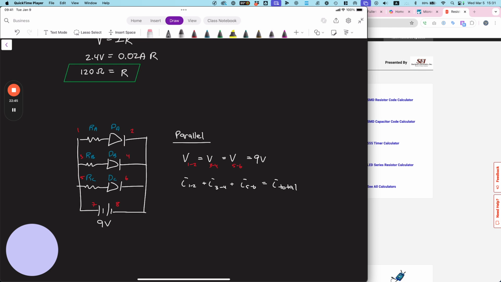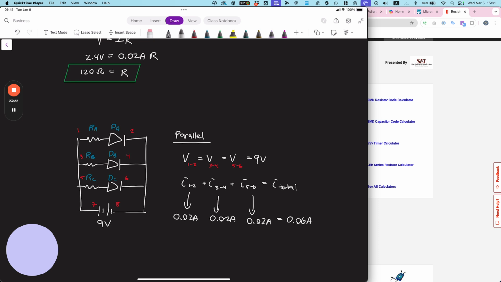Now this thing is a mini series circuit. Do you see this? So in series, our current is the same across. So that means right here, we need 0.02 amps, 0.02 amps, and 0.02 amps. So what is our I total then?